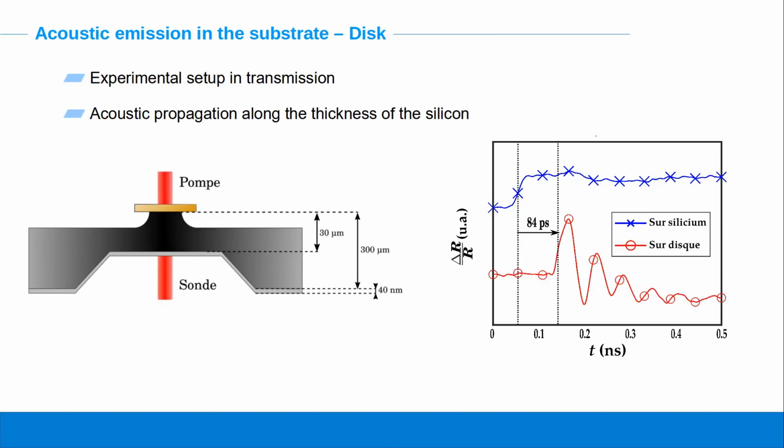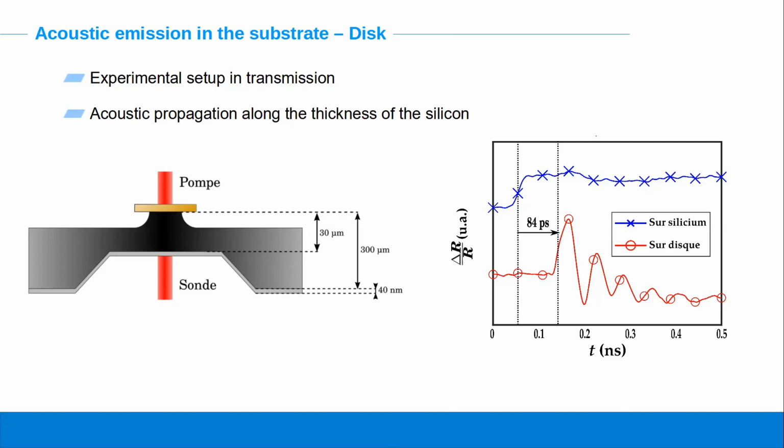When the pump and probe beams are now focalized on the disk, we have different waves propagating. Especially if we look at the same temporal window, we will observe kind of a step, but we observe additional oscillations that were not seen previously.